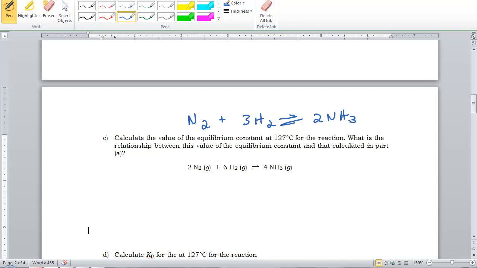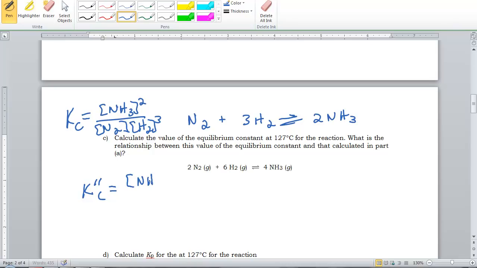And if we wrote out our Kc for that, as we've already done, NH3 squared over N2 times H2 cubed. Now, as we did up above, we could plug in our equilibrium concentrations again into our new expression. But let's look for the relationship here.